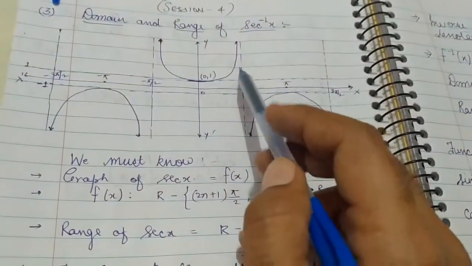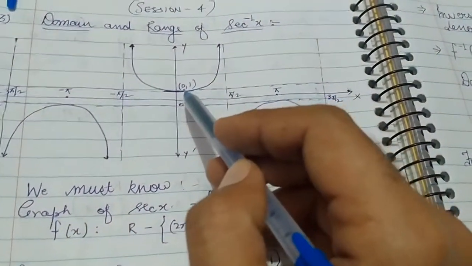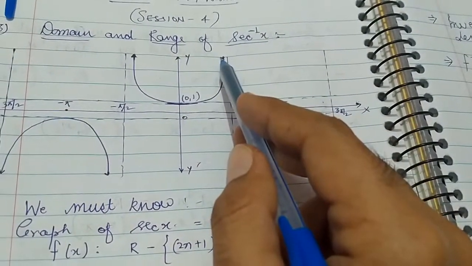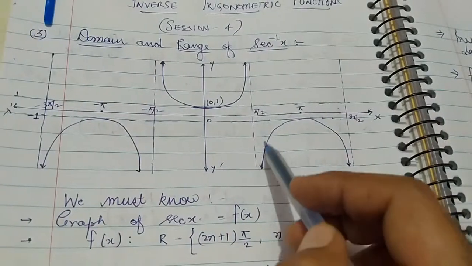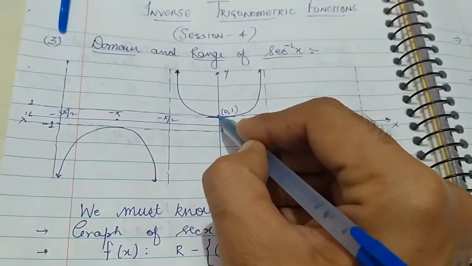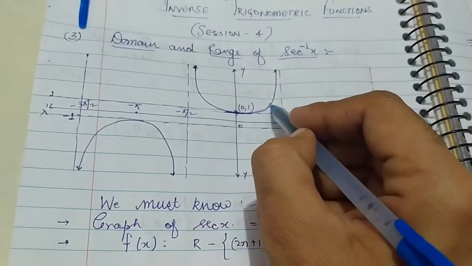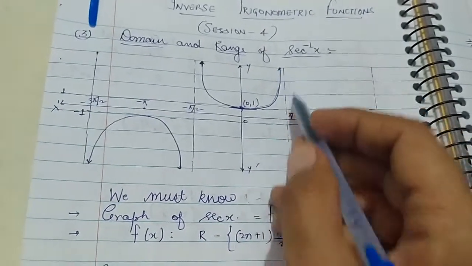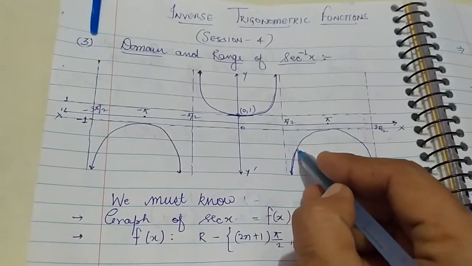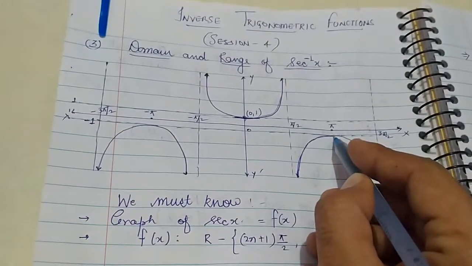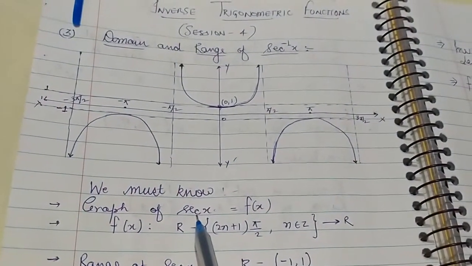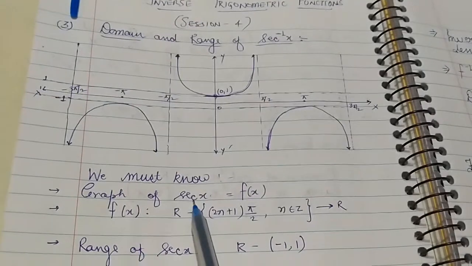From this graph, if we restrict the domain to 0 to pi by 2 and from pi by 2 to pi, that means from here to here, then sec x will become a one-one function.